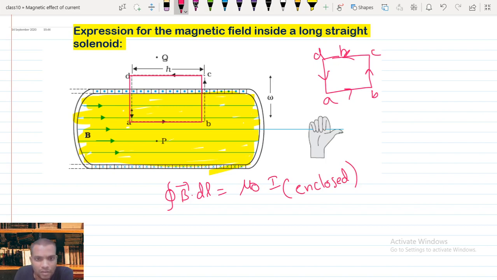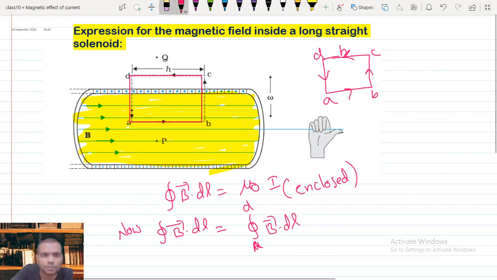Now we need to figure out the closed integral of B dot dl. If we do it separately, the closed integral of B dot dl equals, so we need to do the integration from a to d, small a to d, of B dot dl.